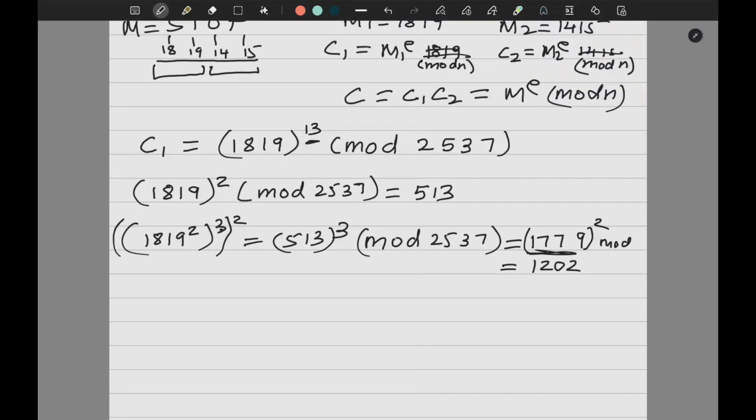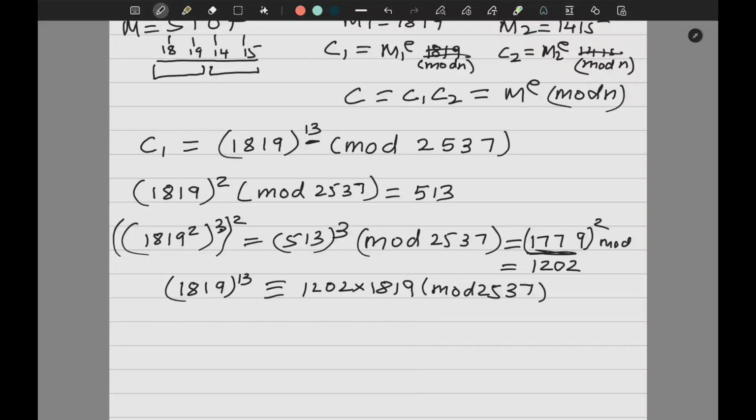So where I reached now, I reached 1819 to the power 12. But my target is 13 now. So multiply both sides by 1819. So what I'll get? 1202 into 1819 mod 2537. Now let me solve this. 1202 I was having, multiply 1819.